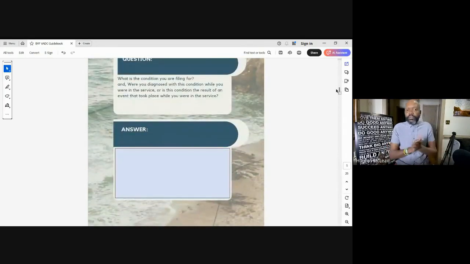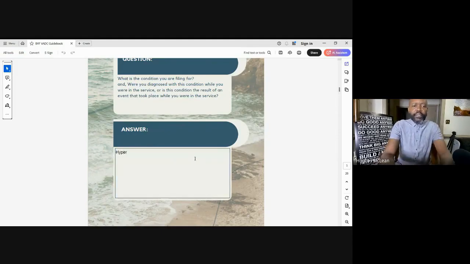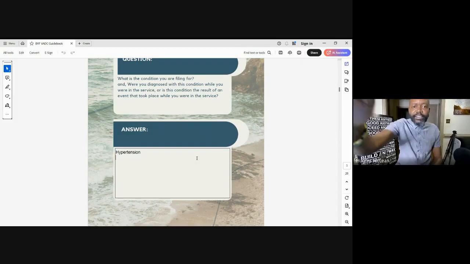So hypertension is the claim. What is the condition you are filing for? Hypertension. Were you diagnosed with this condition while you were in the service, or is this condition the result of an event that took place while you were in the service?